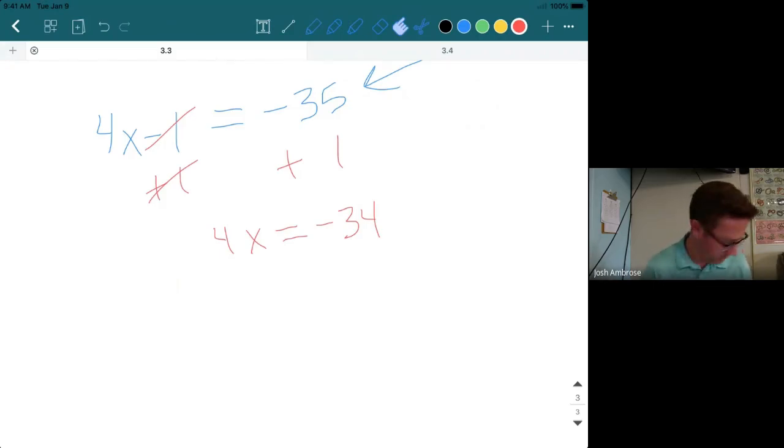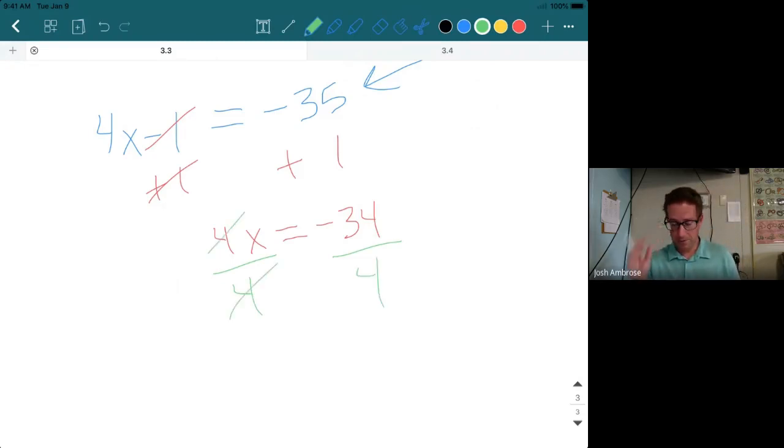All right, we'll double check. Okay, divide by 4 on both sides. All right, and negative 34 over 4, giving us 8.5, or a negative 8.5.